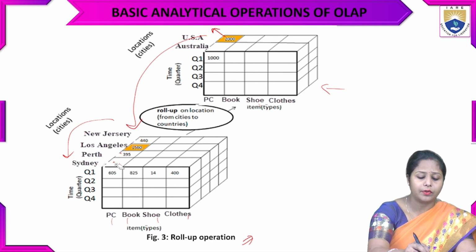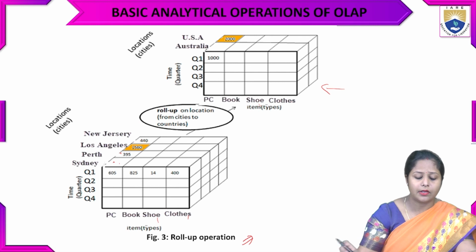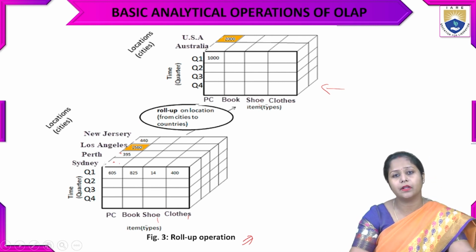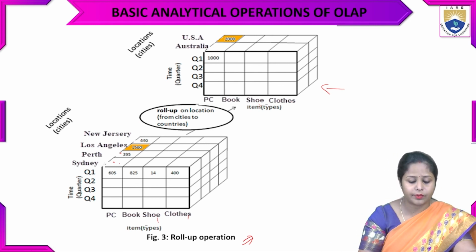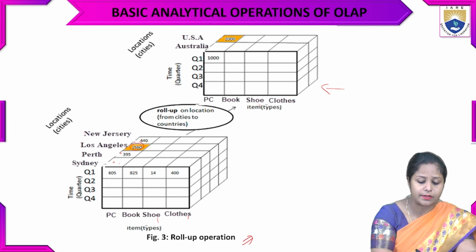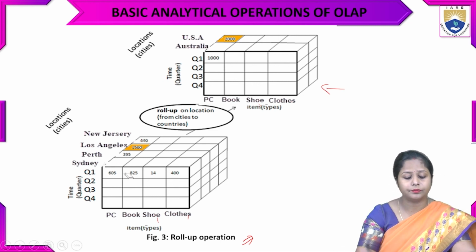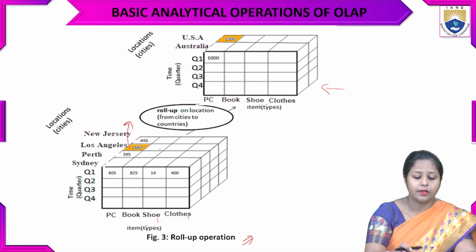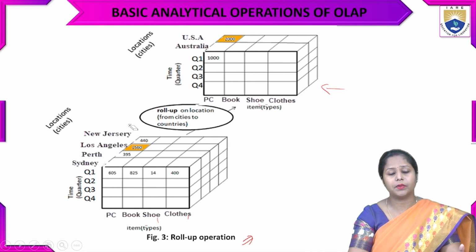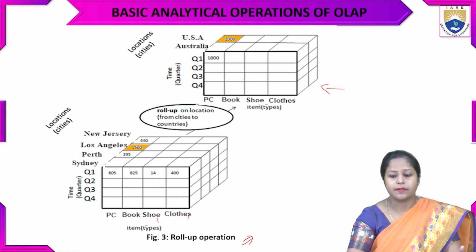If we want to take the Los Angeles fact, we want to roll up this. When we view this fact, the value will be 1560. Like that we can roll up the different dimensions.